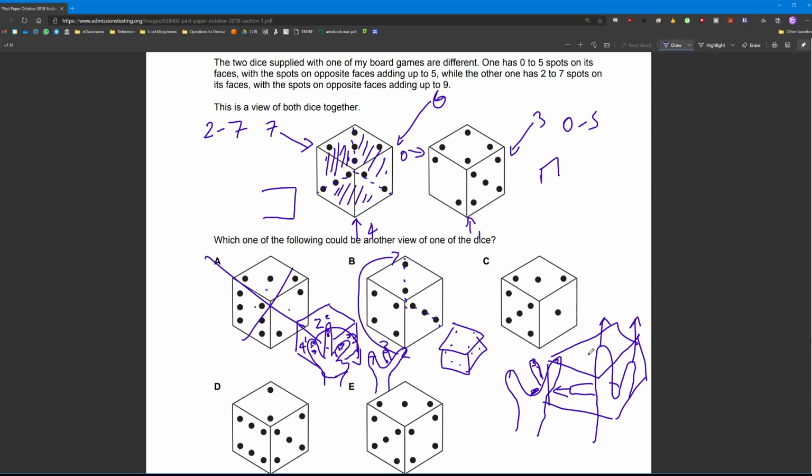So for instance, your thumb will have this 4 side on top. Your finger will have the 2 side here, and your middle finger will have the 3 side here. You can do this trick with turning your hands around any number of times, and you'll always end up with a valid way of drawing the die. So I hope that's helpful to some of you.